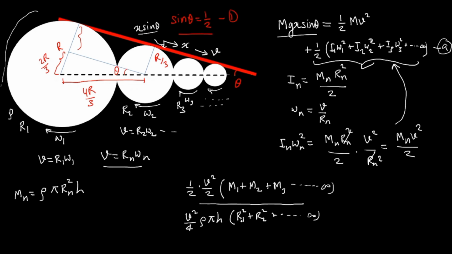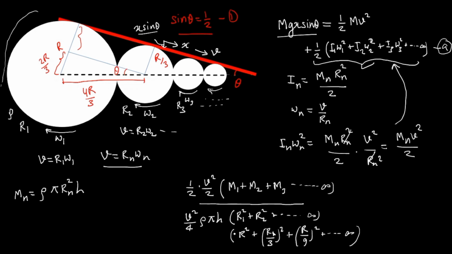Here R1 square is R square. R2 square is R by 3 square, because R1 is R. And this is R by 9 square. So it simply goes on up to infinity.